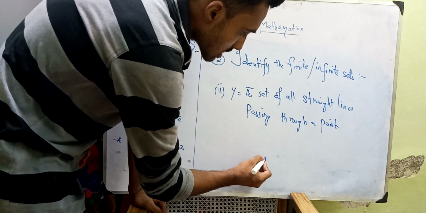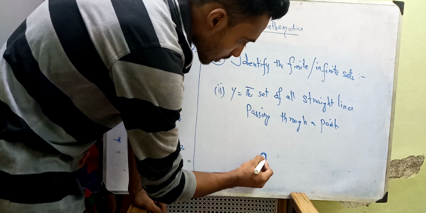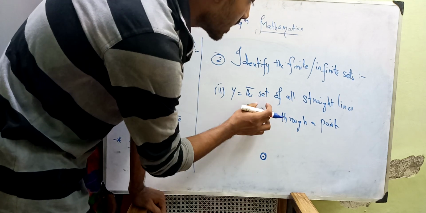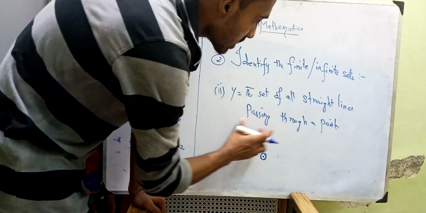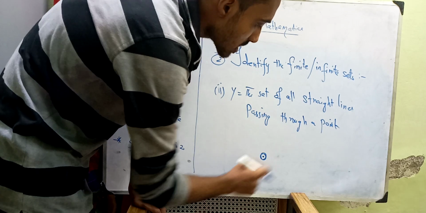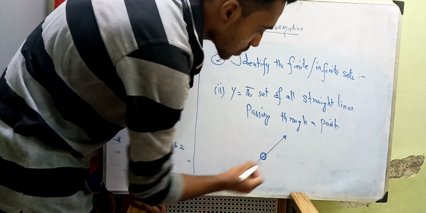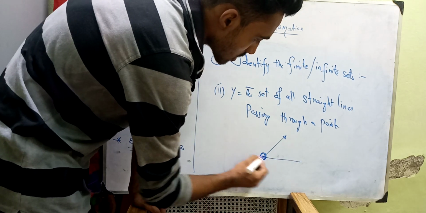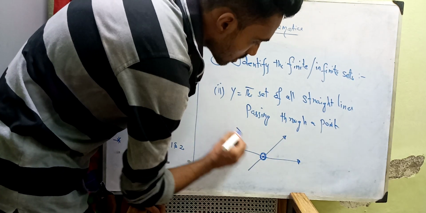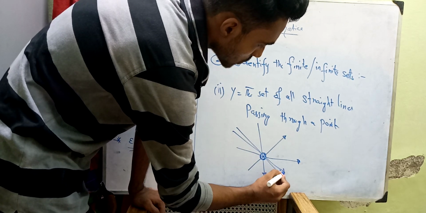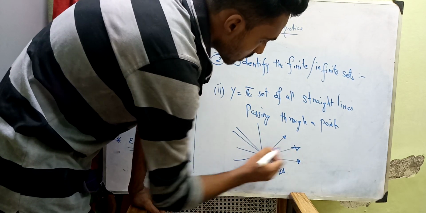I denote this as a point, and my straight line is always passing through the point. So this is one straight line, this is another straight line, another straight line, another straight line, another straight line.